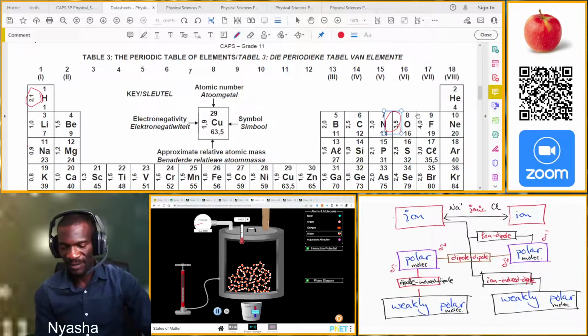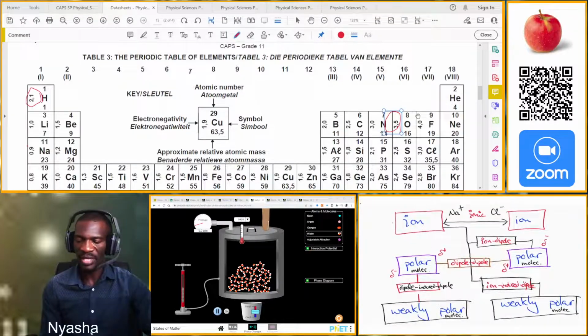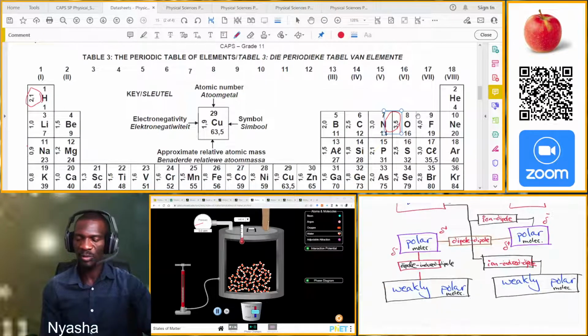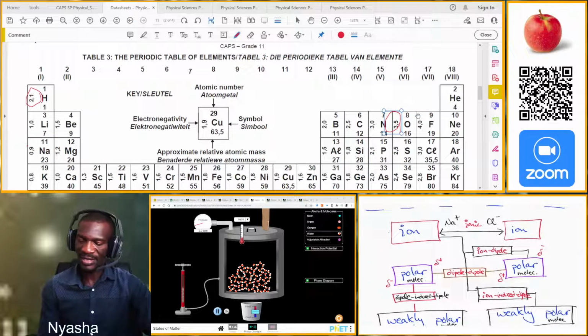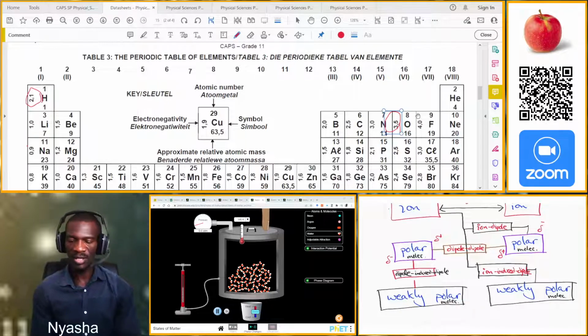Right, now we're happy. We have an interaction of the polar molecule with all three. With the ion, we've seen it when we started. With another polar molecule, we've seen it, and with the weakly polar molecule, we have seen it. So we are done with this one. How about the weakly polar molecule? We've already seen its interaction with the ion when we were looking at the ion to start with.